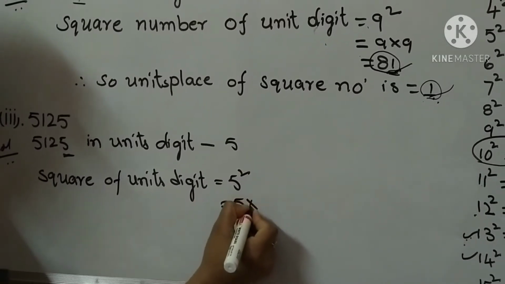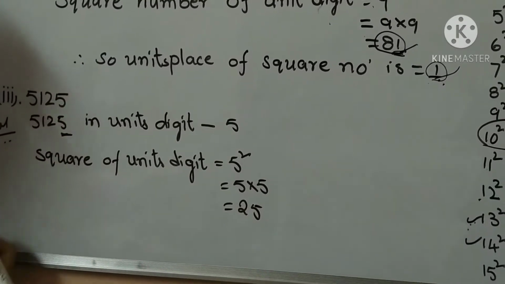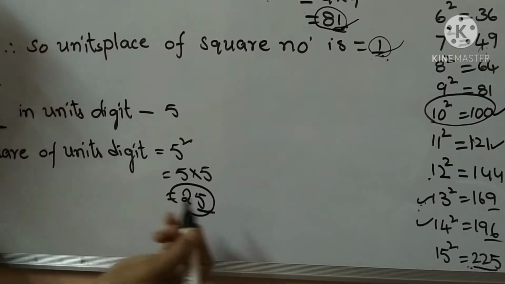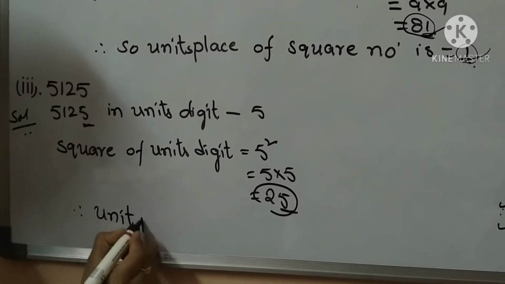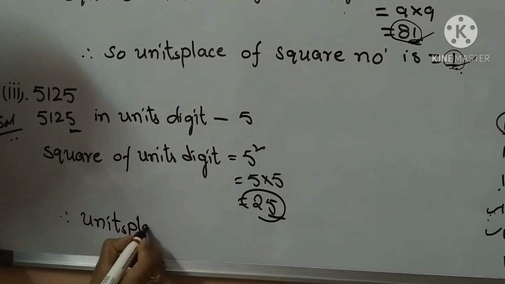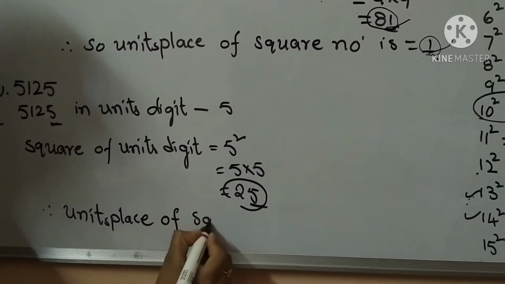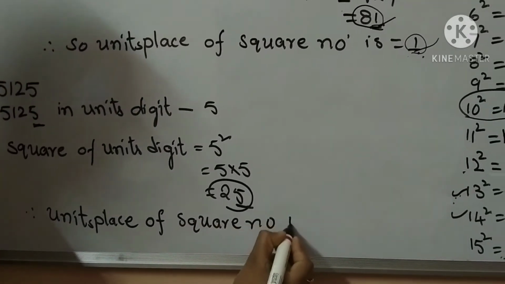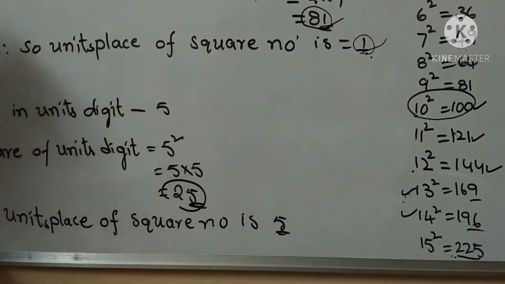We write 5 times 5 is 25. So the units place of the square number is 5. Did you understand?